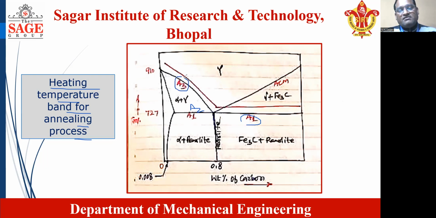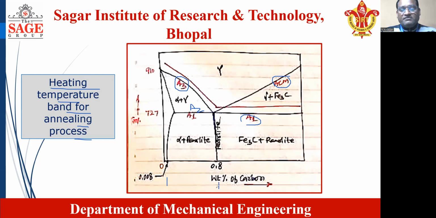This is the upper critical temperature. ACM is also an upper critical temperature, but A3 is the critical temperature for hypoeutectoid steel, and ACM is the critical temperature for hypereutectoid steel.